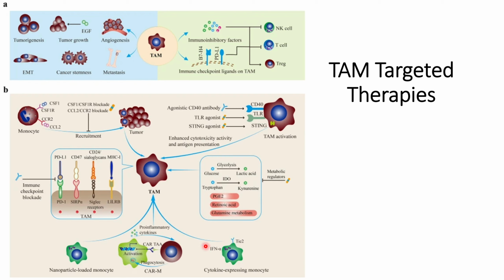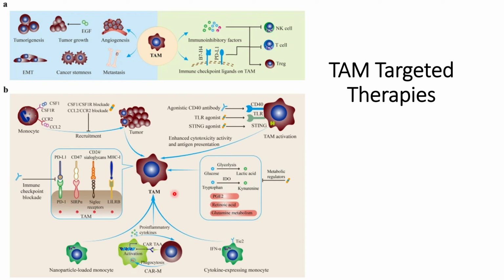Another thing that can be done is cytokine-expressing monocytes. The monocyte can be engineered in a way that it will express cytokines that will trigger the immune response, and these cytokines will be released whenever they interact with the tumor cells.